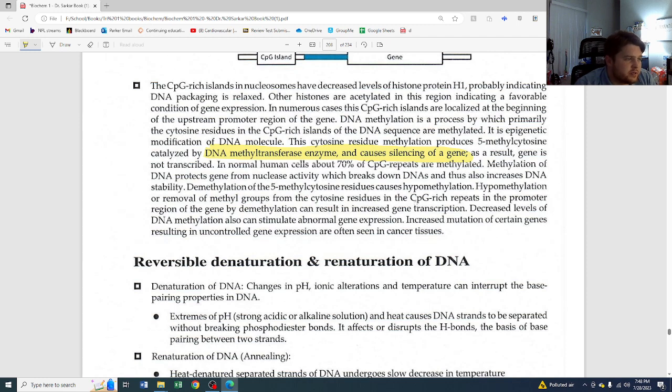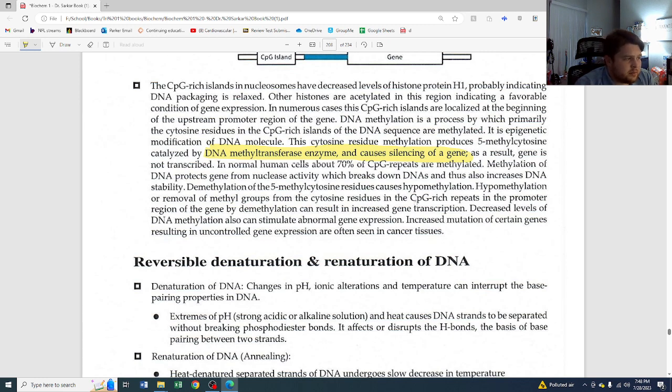Demethylation of the 5-methylcytosine residues causes hypomethylation. Hypomethylation, or removal of methyl groups from the cytosine residues in the CpG-rich areas in the promoter region of the gene by demethylation, can result in increased gene transcription.